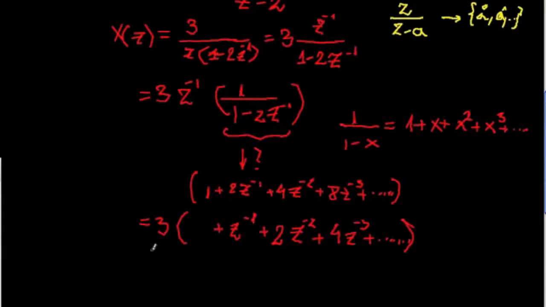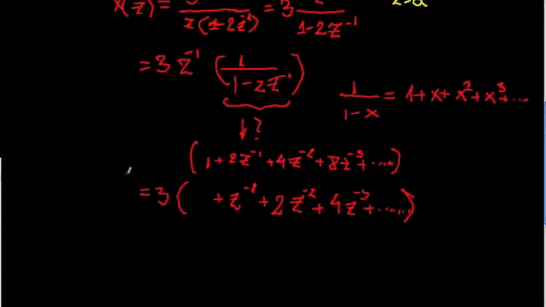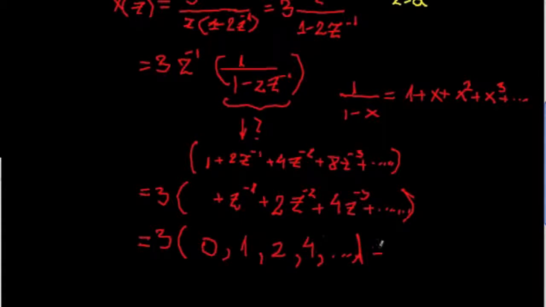If we look at this expression, it is nothing but the sequence 1, 2, 4, 8, and so on, multiplied by 3, and this is generated by 3 multiplied by 2 to the n minus 1.